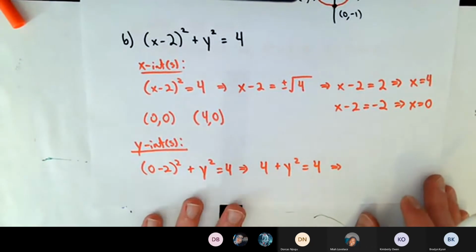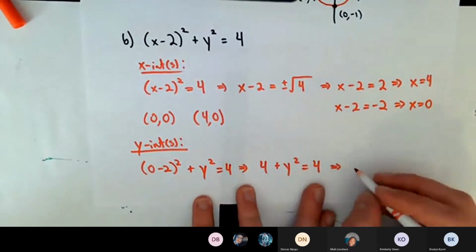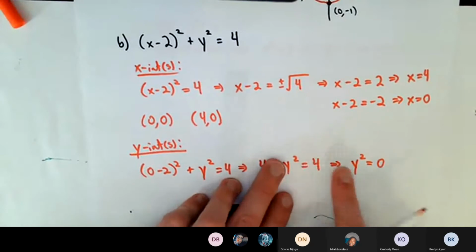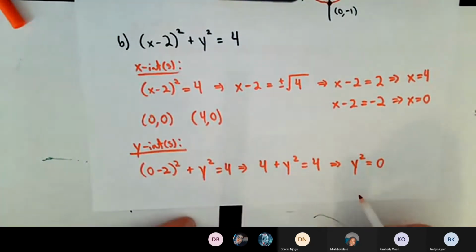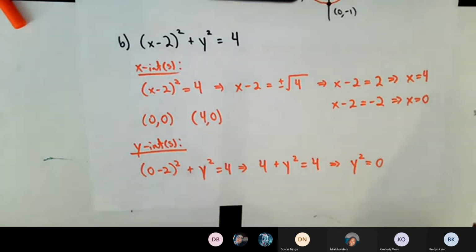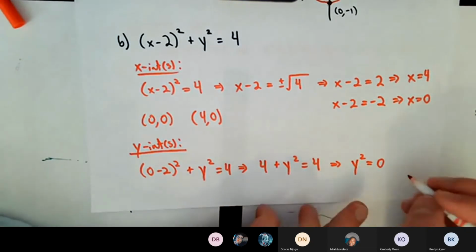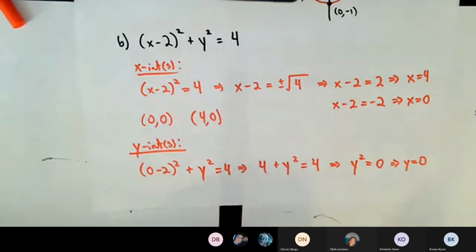Trying to solve for y, right? So I'm going to combine like terms. I'll subtract 4 on both sides, which will effectively cancel both of the 4's out, right? They both go away, and I just have y squared equals 0. So technically at this point, I should say y is equal to plus or minus square root of 0, but the plus or minus doesn't mean anything when it's a 0, right? It doesn't matter if you make 0 negative. So we only get one solution here, which is y is equal to 0.